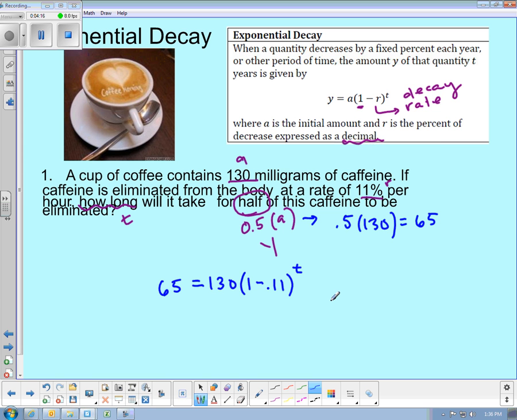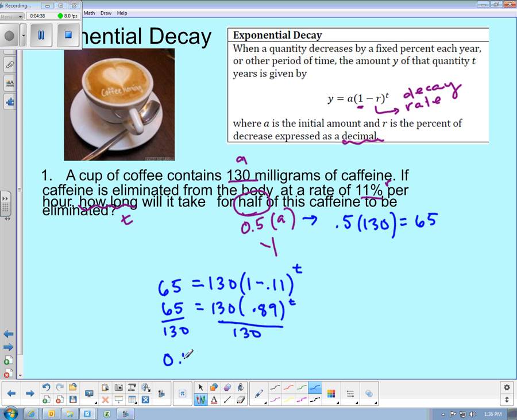Now I need to solve for that missing exponent. I'm going to start by taking the 65 equals 130 times, 1 minus 0.11 is 0.89, to the t power. Then I'm going to divide by the 130, which we all know what that's going to be because we just found it.